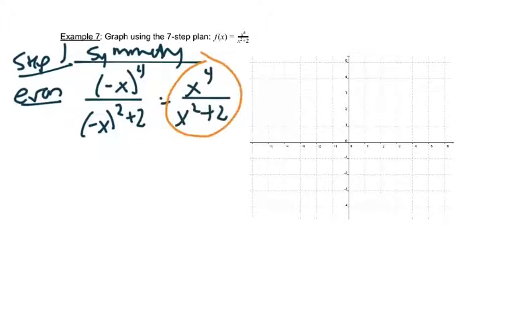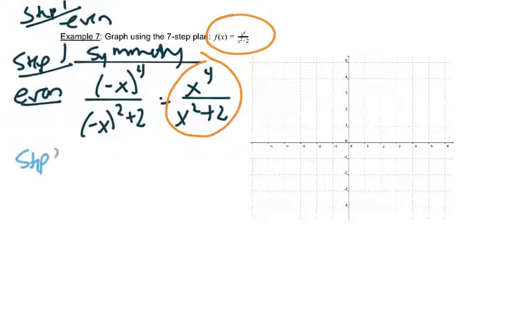And this, again, matches this first one, so we know that we have even symmetry. Okay, that's going to help us because, again, it remembers that anything we get on the right will also be on the left. So now let's look at step 2.